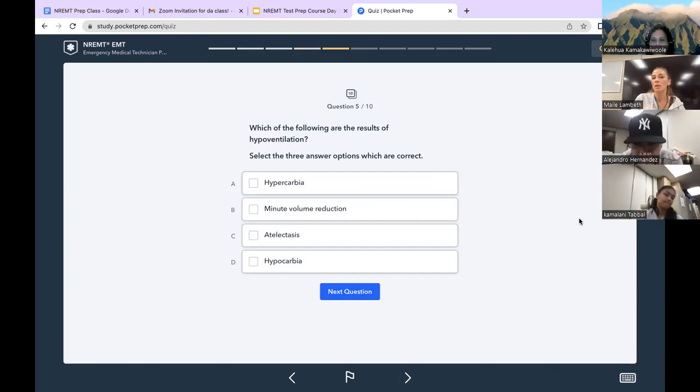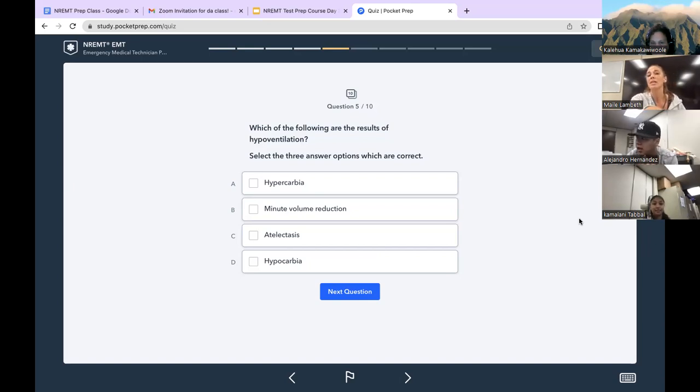Which of the following are results of hypoventilation? This is another one of those things when you guys are taking your NREMT and you start seeing hypercarbia, hypocarbia, hyper this, and it gets really, really confusing. Let's say you had no idea what a lot of these meant.